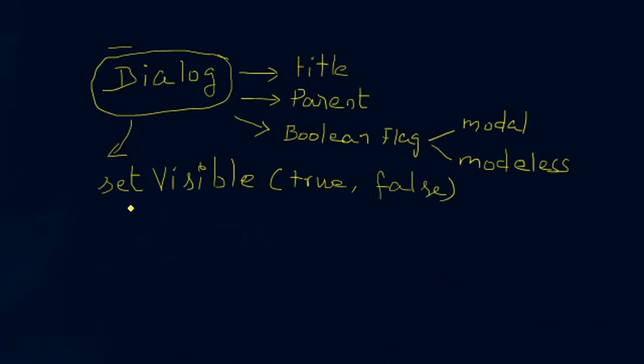There is a method called setVisible, which can accept either true or false. When you say true, the dialog will be displayed, and if you set false, the dialog will be hidden.